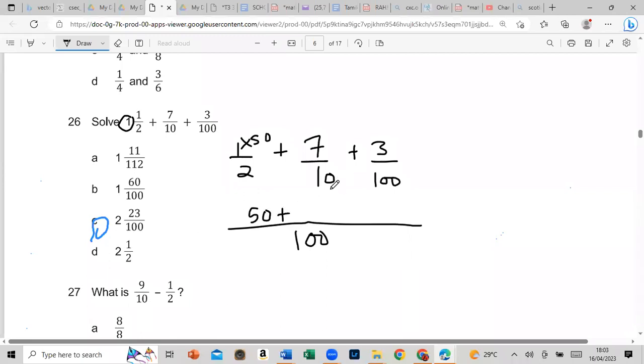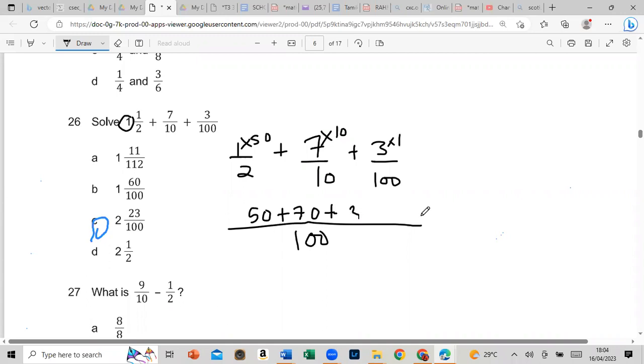Then 10 into 100, how many groups of 10 can we get out of 100? 10 times. Then 7 times 10 is 70, plus 100 into itself, 1 time.